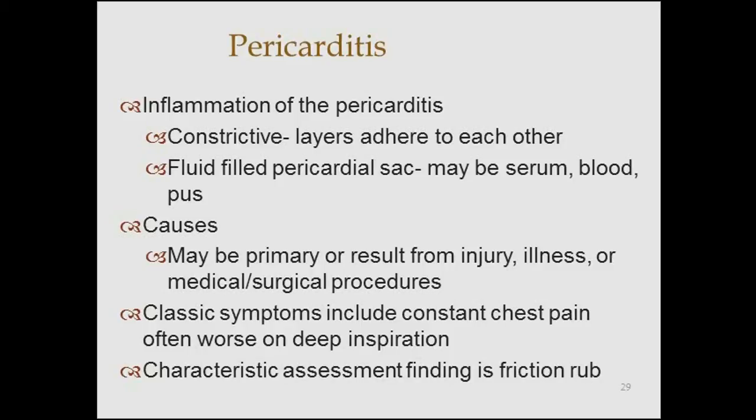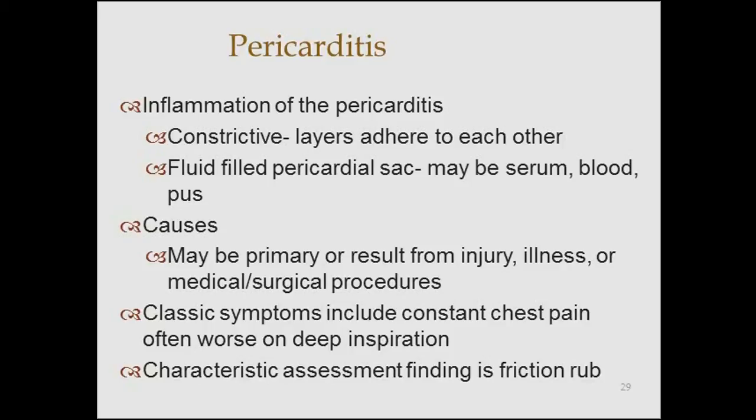Another type of infection I want to talk about is pericarditis. That's inflammation of the pericardial sac, or the layer around the heart that is supposed to be there for a small amount of fluid to reduce friction with every contraction.